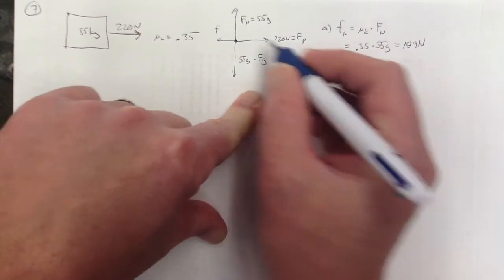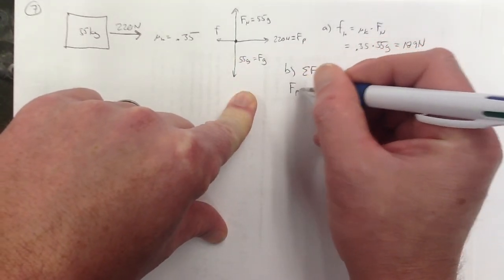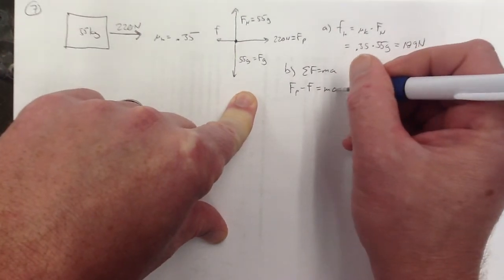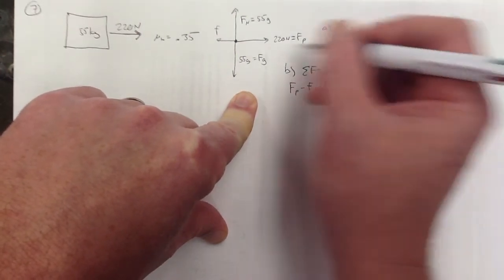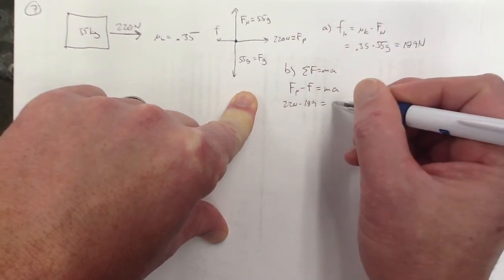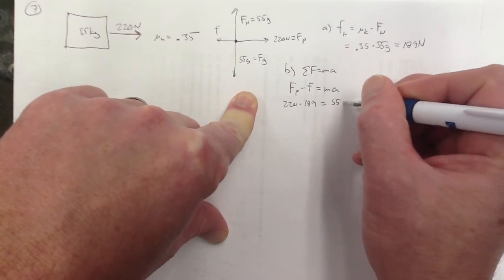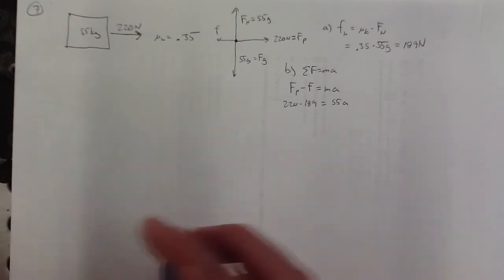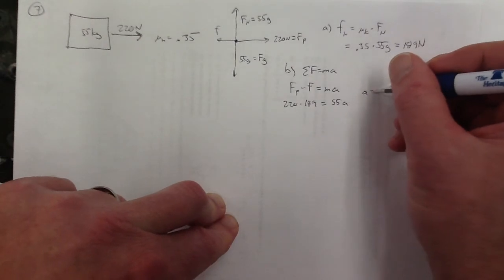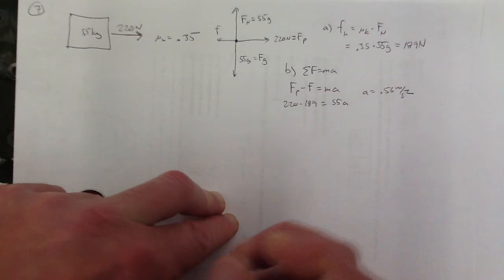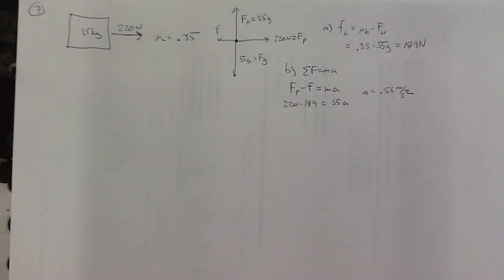And sum of all forces, I've got the pulling force winning minus friction losing, and plugging in some numbers, I got 220 minus 189 is equal to 55 times A, so that's 31 over 55. Looks like the acceleration is going to be about 0.56 meters per second squared. All right.